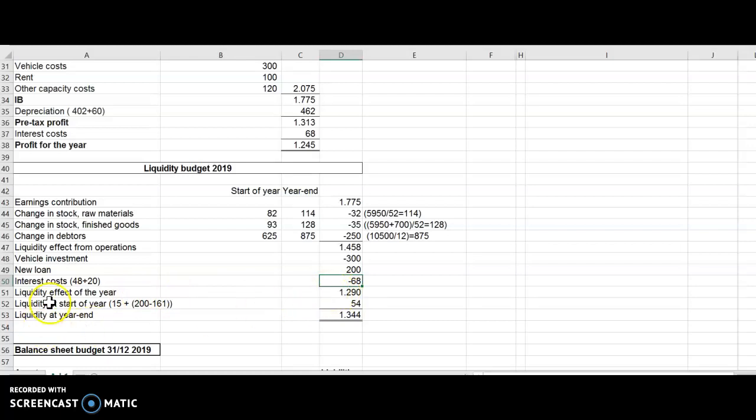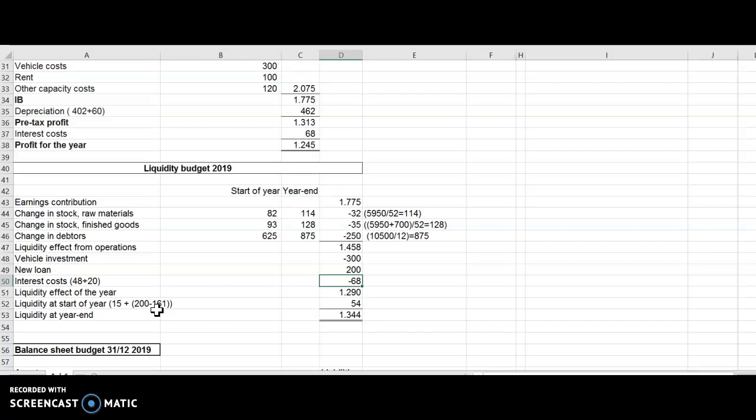So the total liquidity effect of the year is 1,290. We have beginning of the year 54 in liquidity, 15 in cash, and we still have 39 left on our overdraft account in the bank. So it's a kind of liquidity.